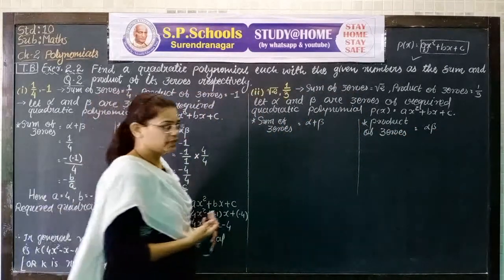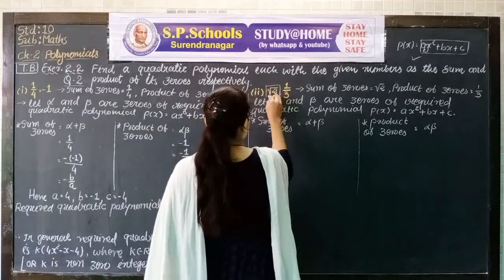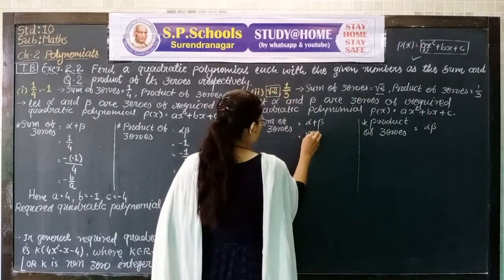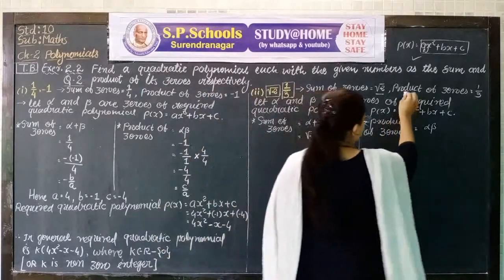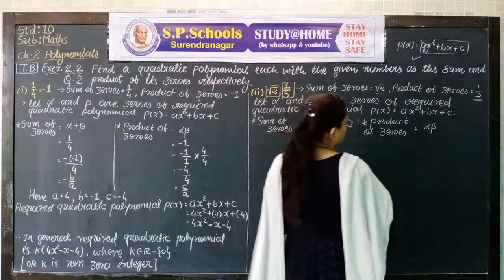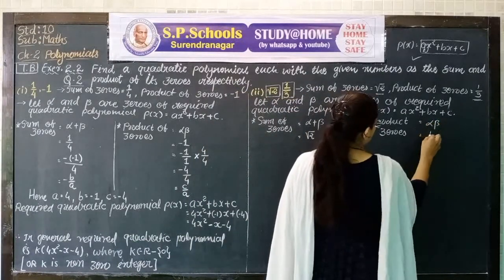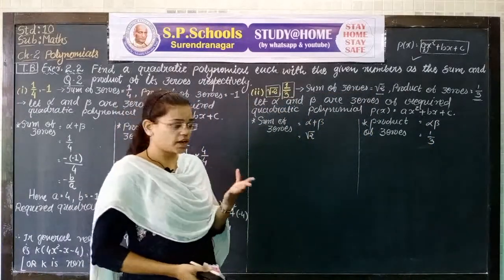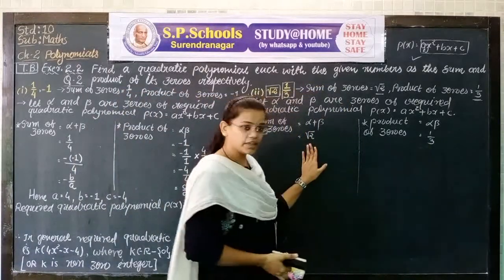Now we know alpha plus beta and alpha into beta. Alpha plus beta, the sum of zeros, is equal to root 2. And alpha into beta, the product of zeros, is equal to 1 upon 3. There are two most important conditions. The first condition is to make the denominators equal. Are they equal?